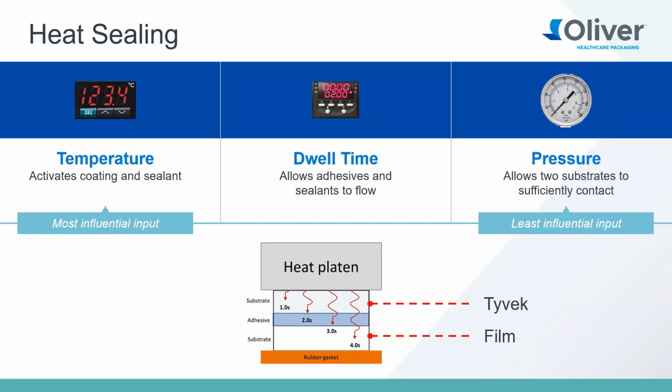And then the diagram in the middle bottom there, those numbers aren't reflective of every heat sealing process and material combination, but it gives you, as an engineer, kind of a concept of what's going on. So if you have a heated platen that's part of your heat sealing process, you're essentially getting that heat to soak through the materials.